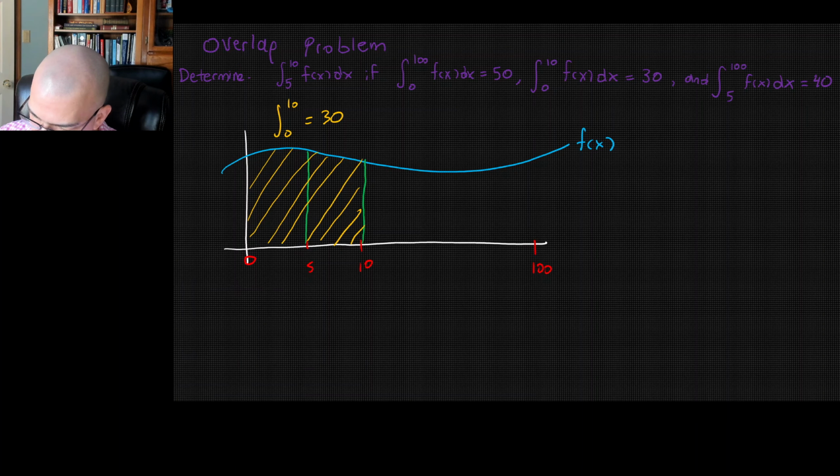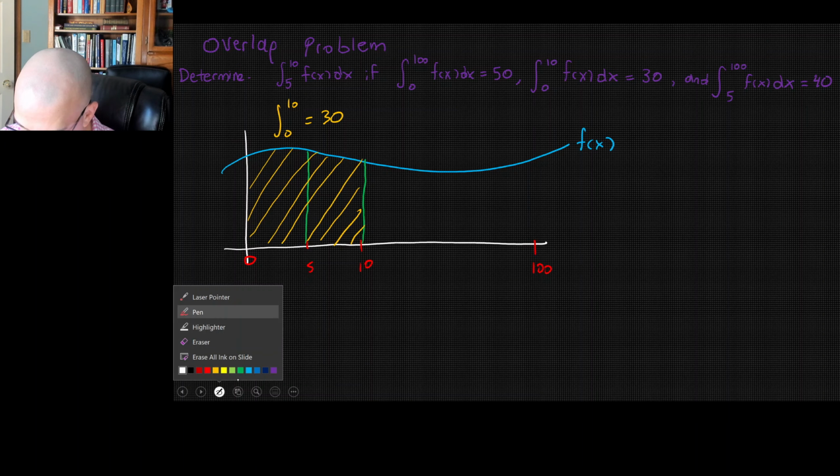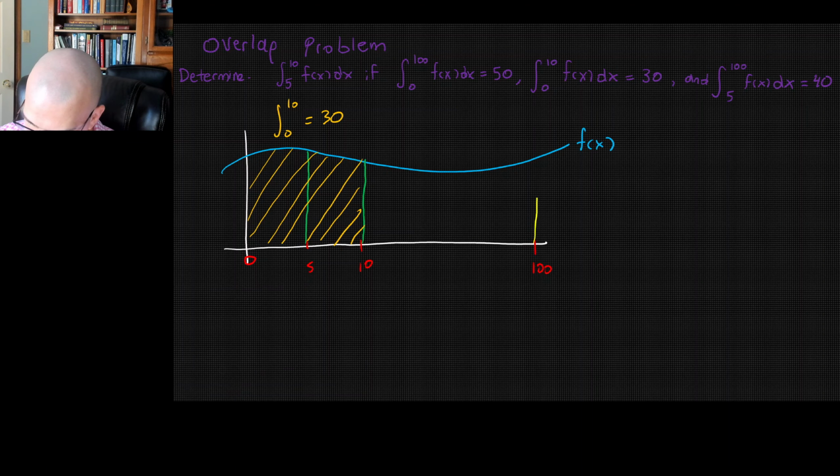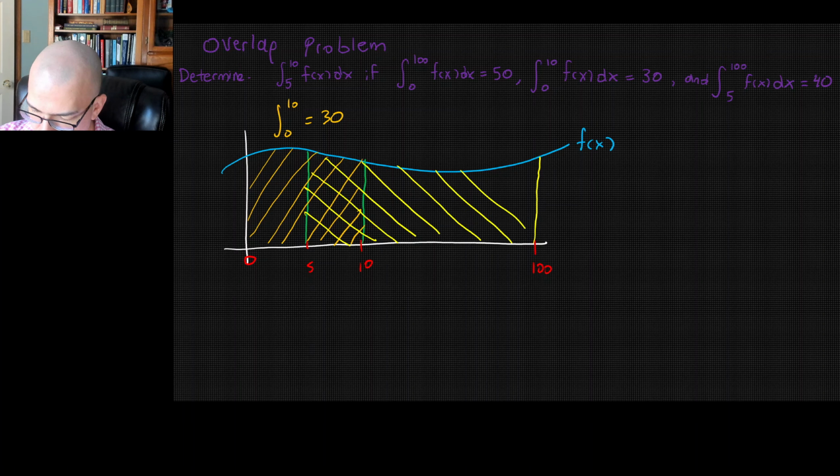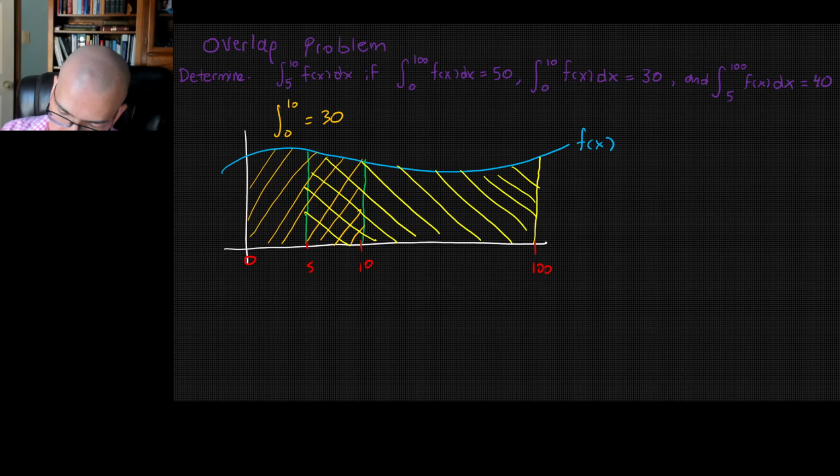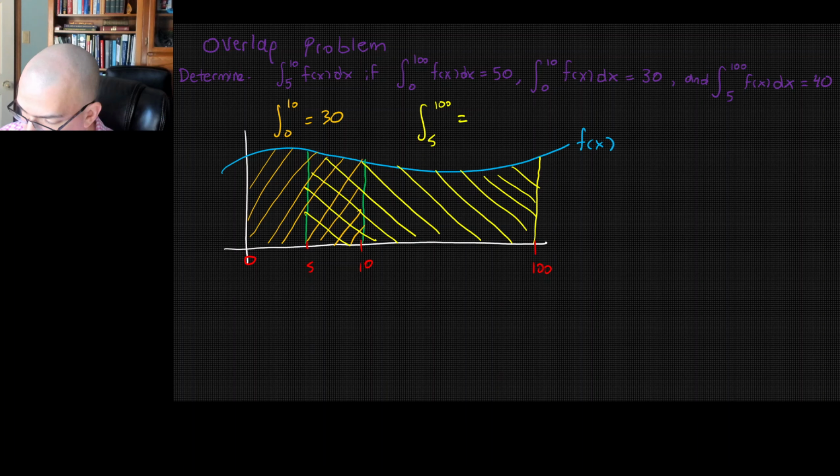Careful with my colors. I guess I'll use blue, purple, I need more colors. I guess I've got some yellow. Okay, so that's this one. I'll hatch it the other way. So that's the integral from 5 to 100, which is equal to 40.